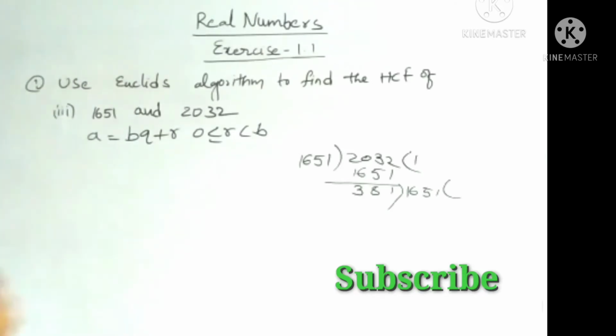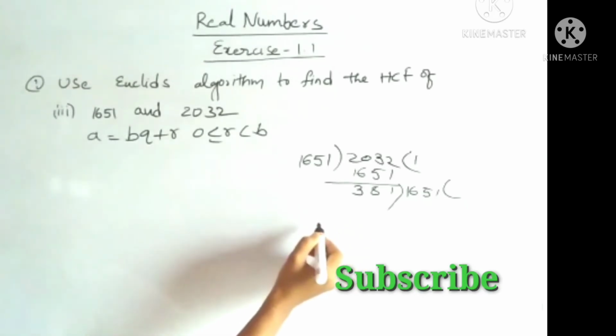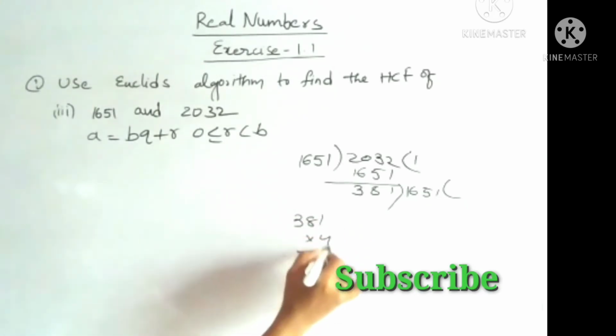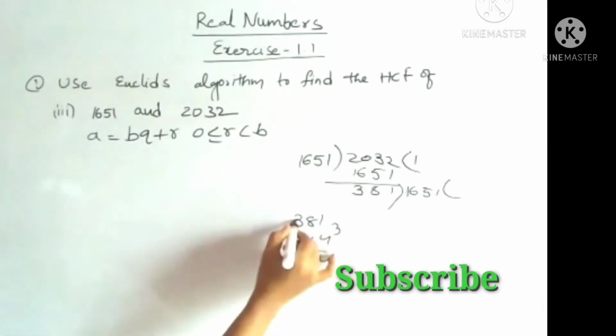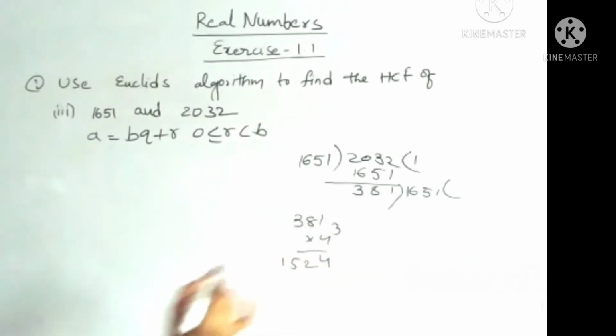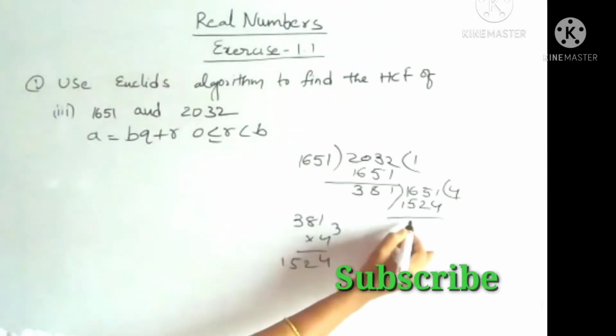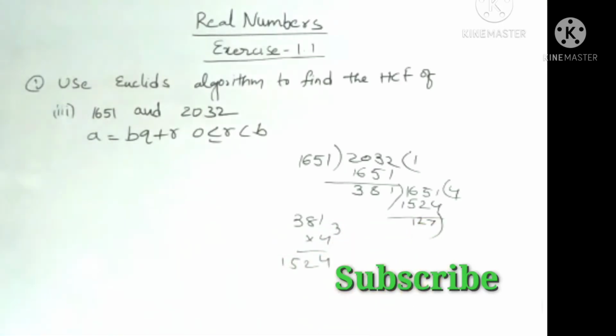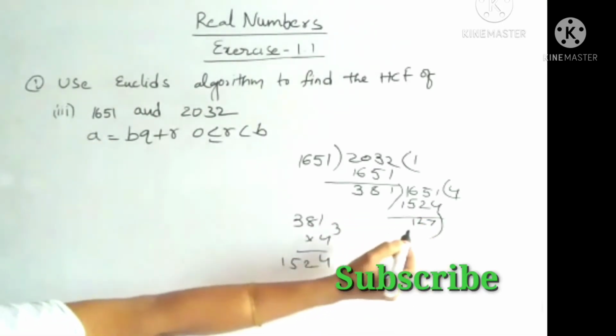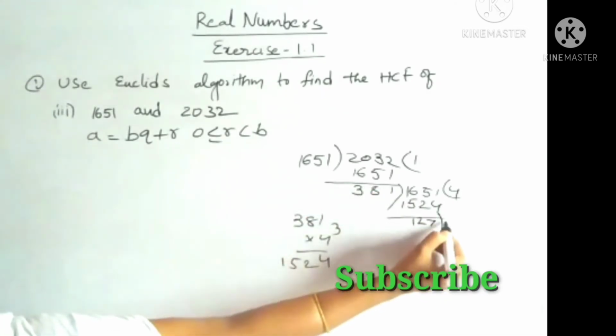If we check 381 fours: 4 ones are 4, 4 eights are 32, 4 threes are 12 plus 3, 15, so 1524. If we subtract this 1524 from 1651, we will get 127.